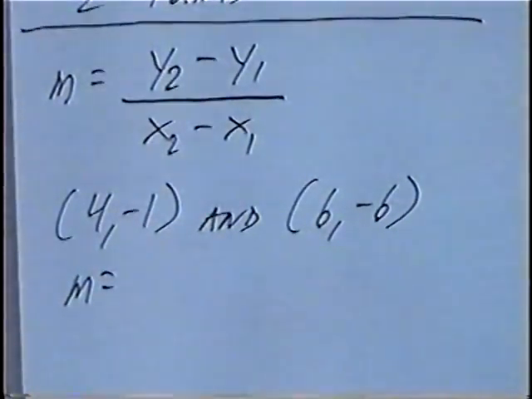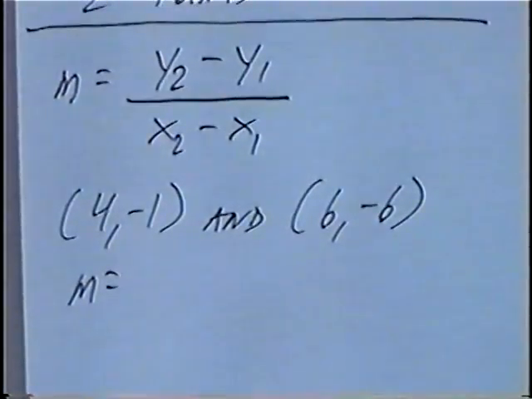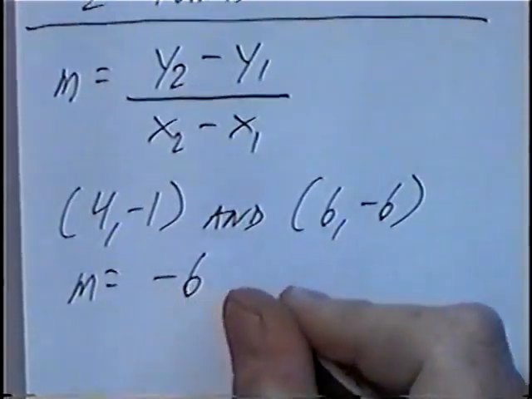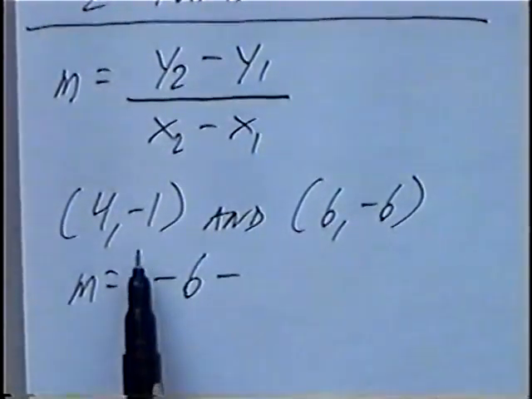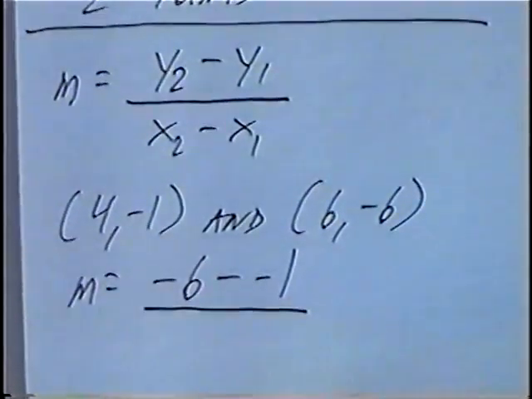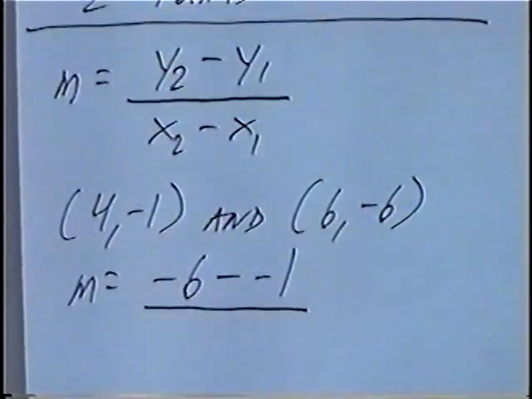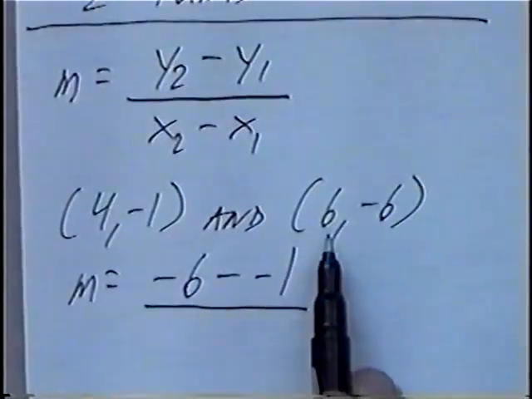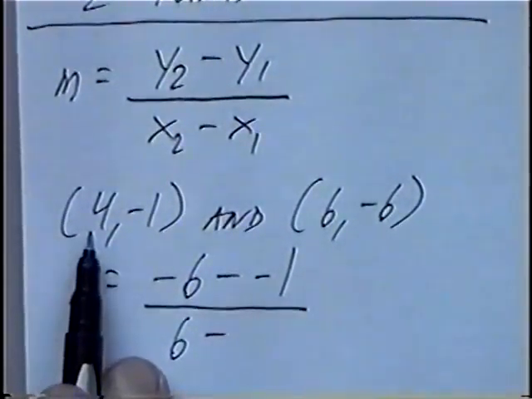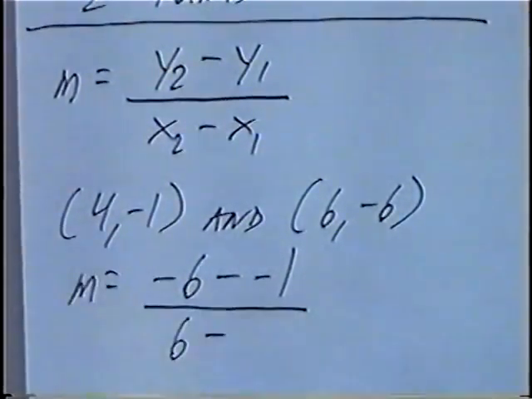So the slope for this question, y2, would be the second y value from the second point, which is negative 6, minus the first y value from the first point, which is a negative 1. Divided by x2, the x value in the second point, which is 6, minus the x value in the first point, which is 4.